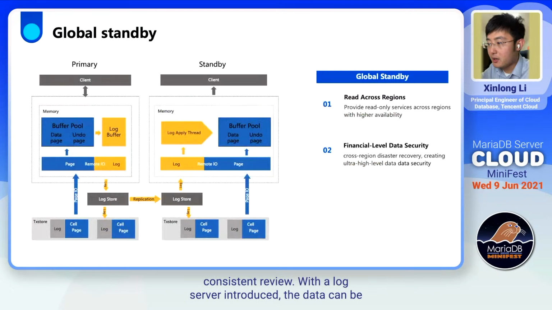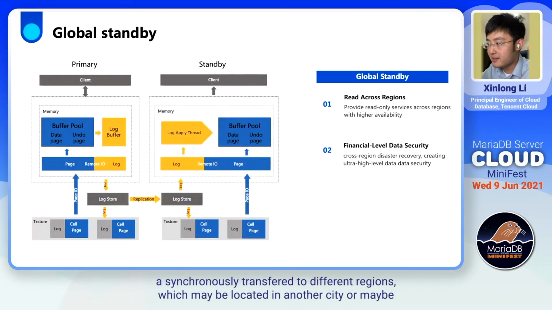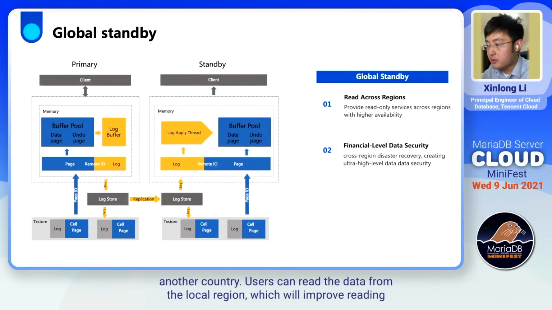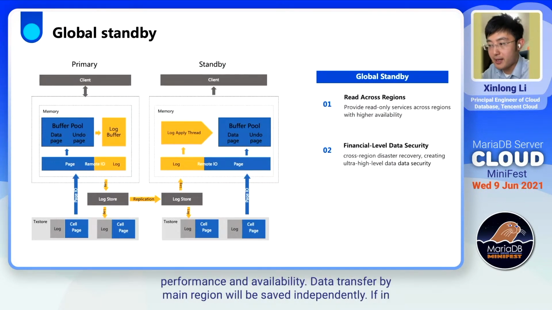And with the log server introduced, the data can be synchronously transferred to different regions, which may be located in another city or maybe another country. Users can read the data from the local region, which will improve reading performance and availability.